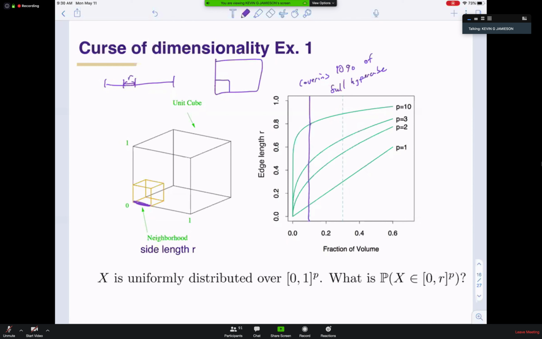It's something like 0.8. Okay, so think about that for a moment. We want to cover just 0.1, or 10%, of the full mass of the hypercube, and to cover 10% of your data, if you drew data uniformly at random from 0,1 to the d or p here, then you would need the side length of this edge of this cube to be 0.8.